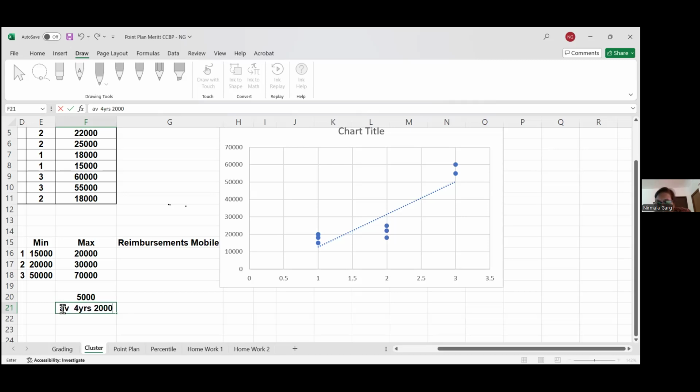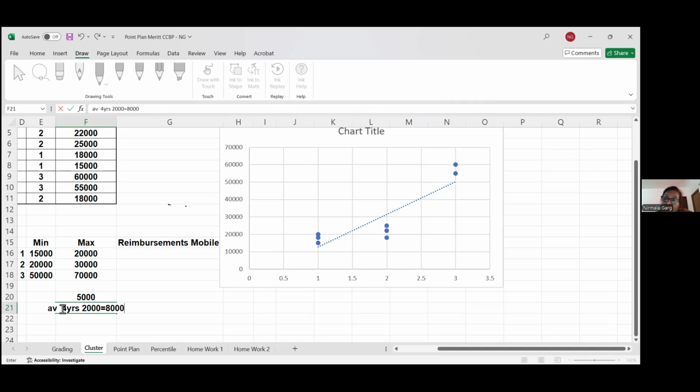So that means it will equal to how much? 8,000. So on an average, a person gets promoted in 4 years.